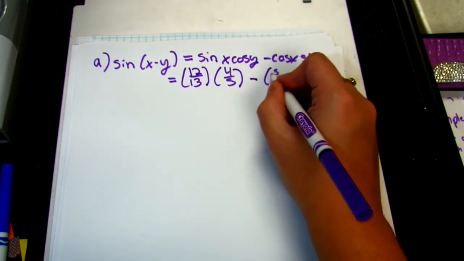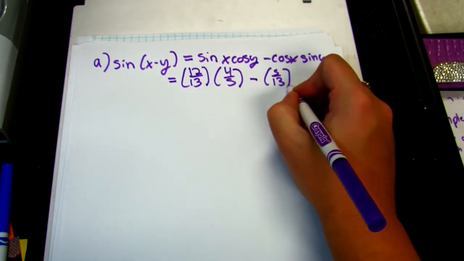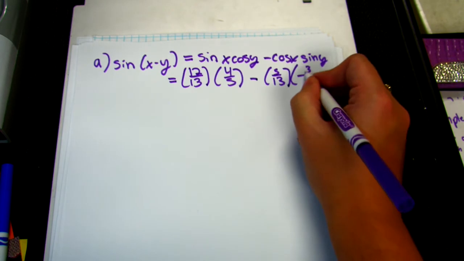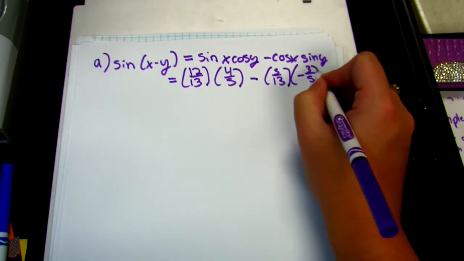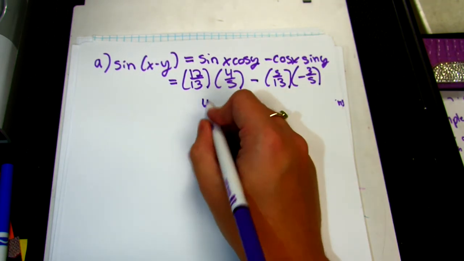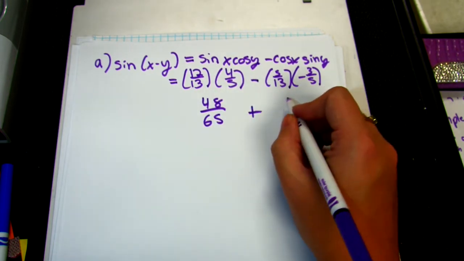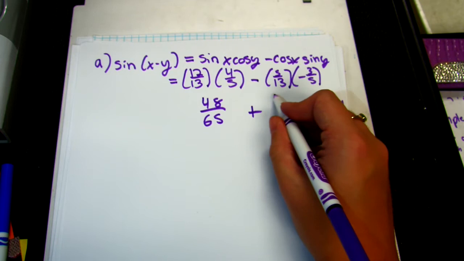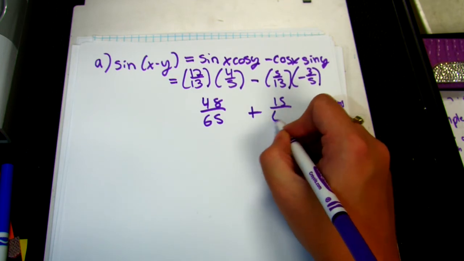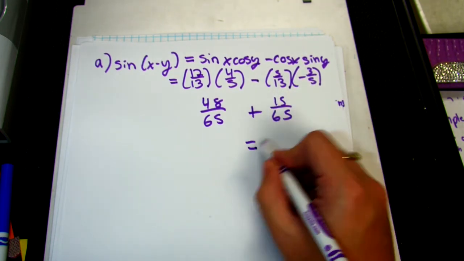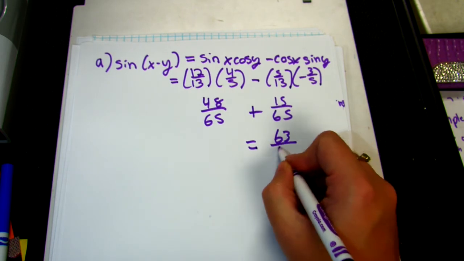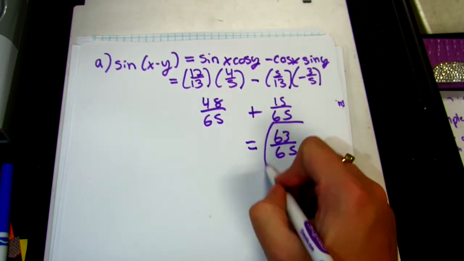Cosine of x is 5 over 13. And then sine of y is negative 3 over 5. Okay, so this ends up being 48 over 65. And then the plus, because we've got the two negatives, 15 over 65. And we totaled that to get 63 over 65 as our answer.